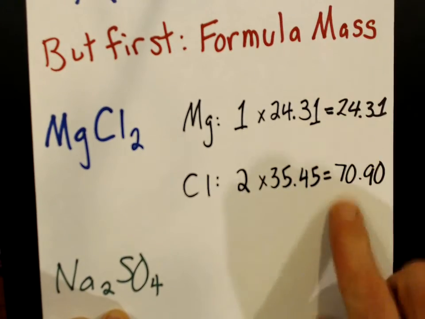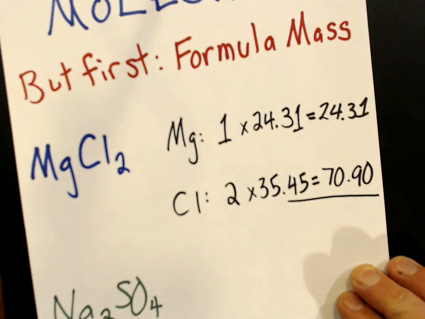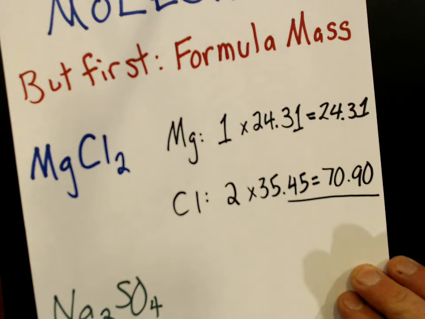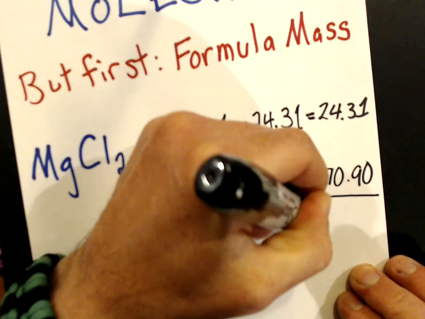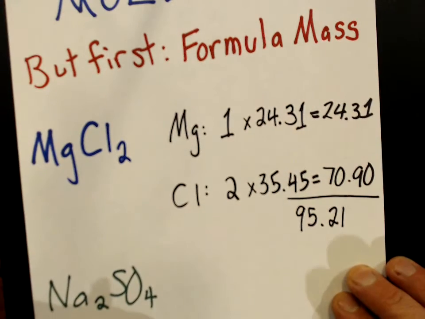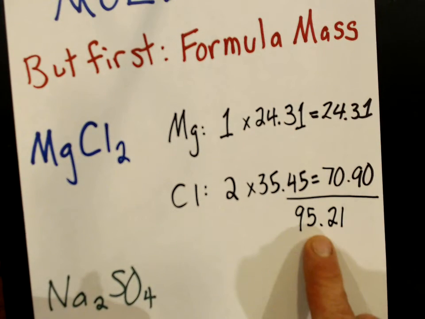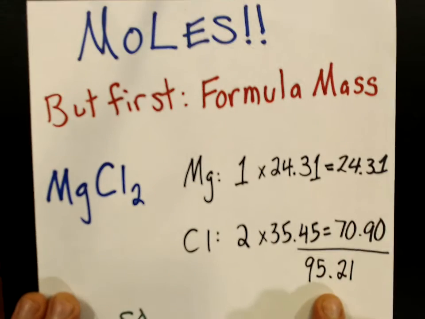Now I've got these 2 results, and all I'm going to do is add those results together. So 70.90 plus 24.31 gives us a whopping answer of 95.21. Okay, what are the units of measurement for formula mass? I'm going to tell you right now what they are.